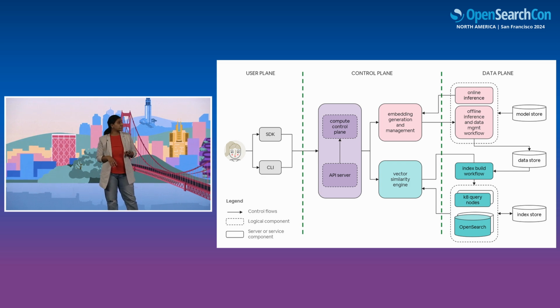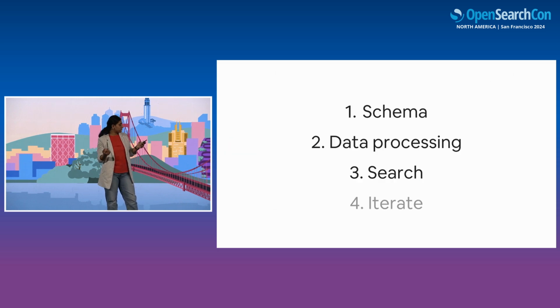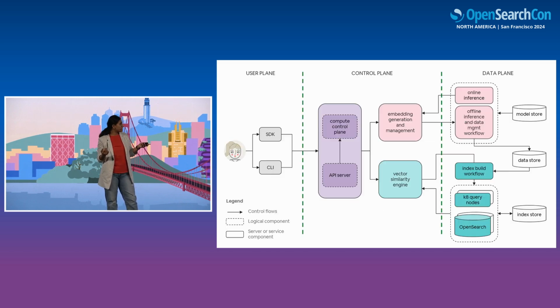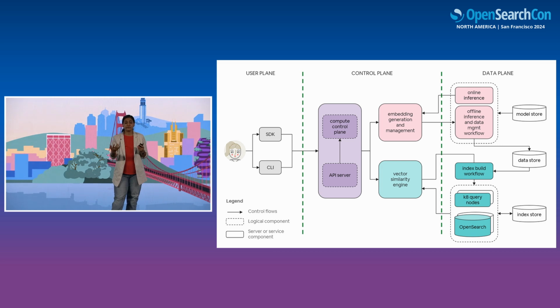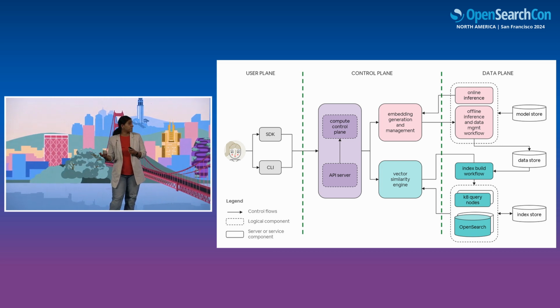This is a bird's-eye view of all the components and services that interplay with each other to achieve an end-to-end solution. The user plane here builds different tools, allowing users to interact seamlessly with AEP.